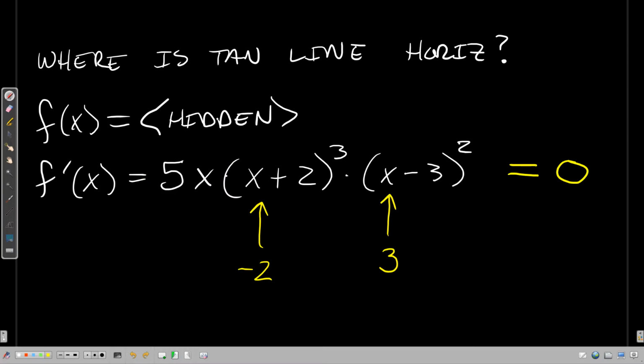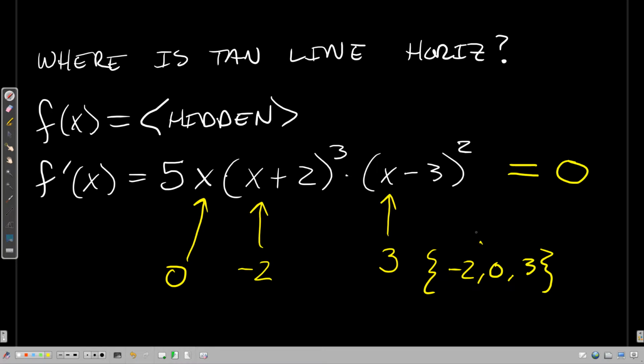Don't throw that part in the garbage. This is just as an important part as the other parts. In the same way that if a minus 2 goes right there, you get minus 2 plus 2 being 0. If I put 0 right there, then it doesn't matter what the rest of this says, because it's 0 times a bunch of stuff, which will be 0. Therefore, you get a horizontal tangent at minus 2, 0, and 3.